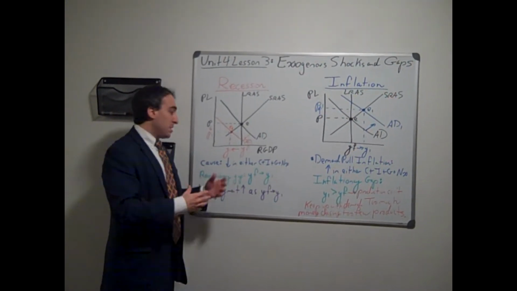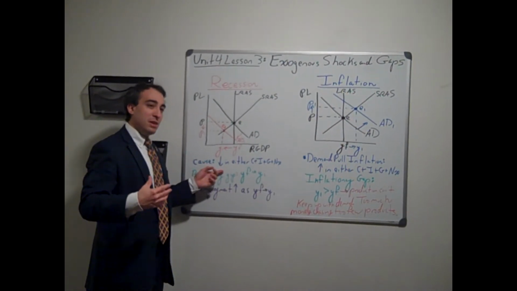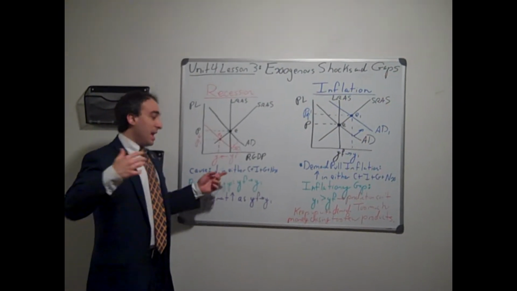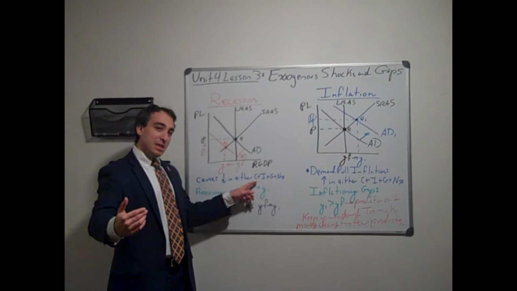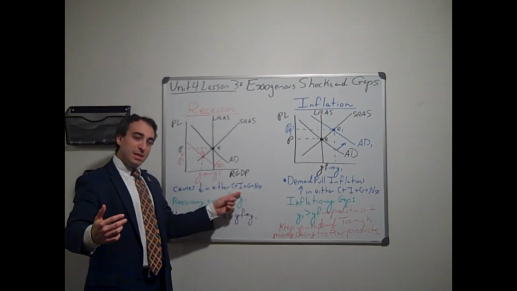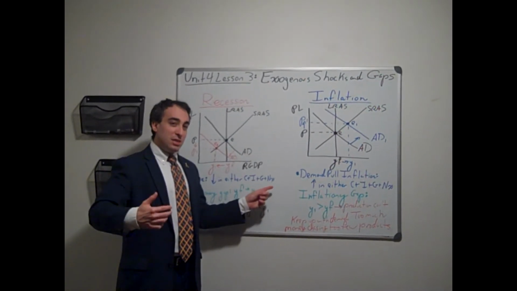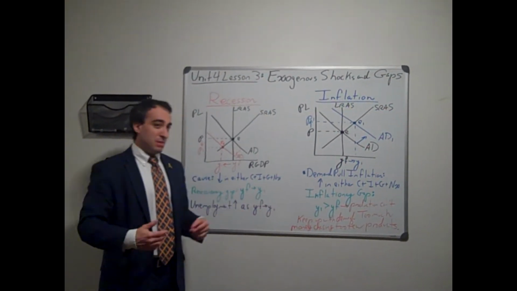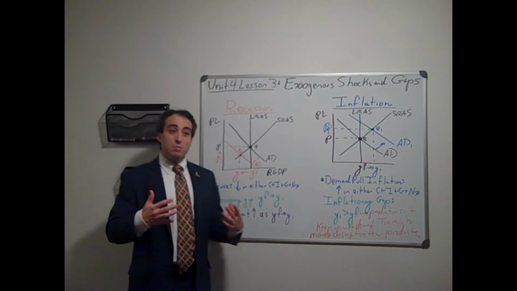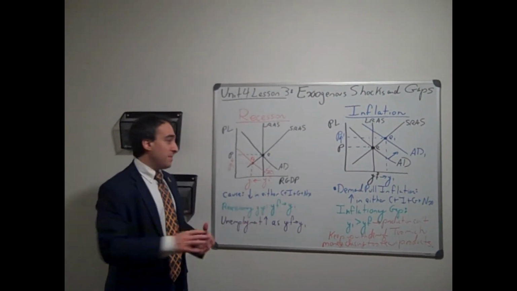However, something negative happened that caused either a decrease in consumer spending, a decrease in investment spending, a decrease in government spending, and or a decrease in net exports. Sometimes it could be one, sometimes it could be multiple of these events.